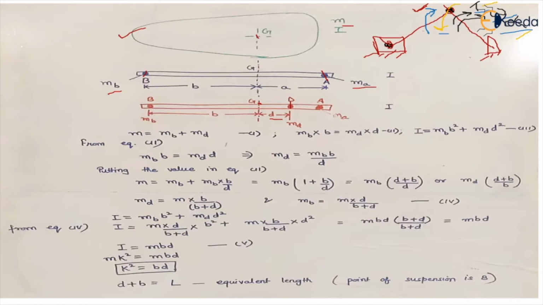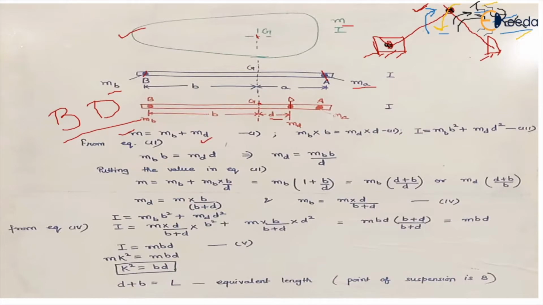So if b and d form a dynamically equivalent system, they should satisfy the conditions for a system to be dynamically equivalent. The sum of point masses should be the same as that of the original mass. So m is equal to mb plus md.